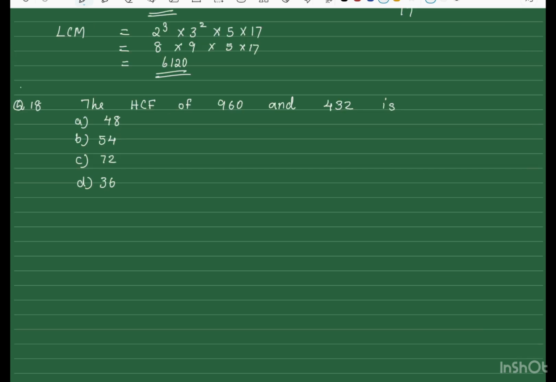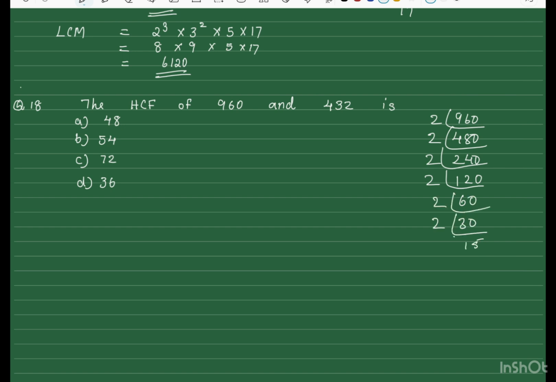Next we have the question. The HCF of 960 and 432 is option A 48, option B 54, option C 72, option D 36. 960 can be factored as: by 2 we get 480, by 2 we get 240, by 2 we get 120, and by 2 we get 60, 30, 15.